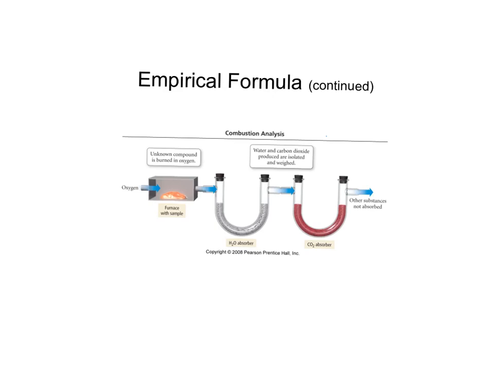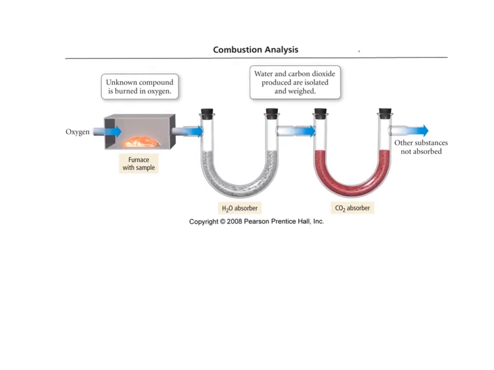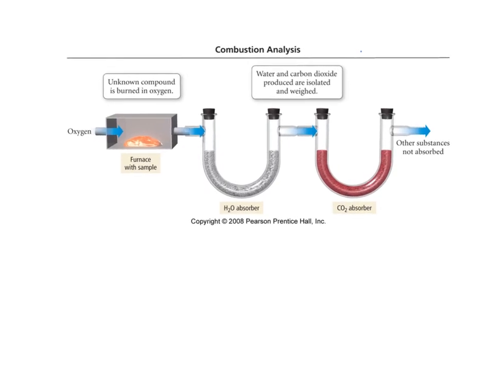And this one is going to introduce you to the third empirical formula problem that we are considering here. So the technique here is to take your unknown compound like the vitamin C in the last example, so just some solid organic compound, let's say.